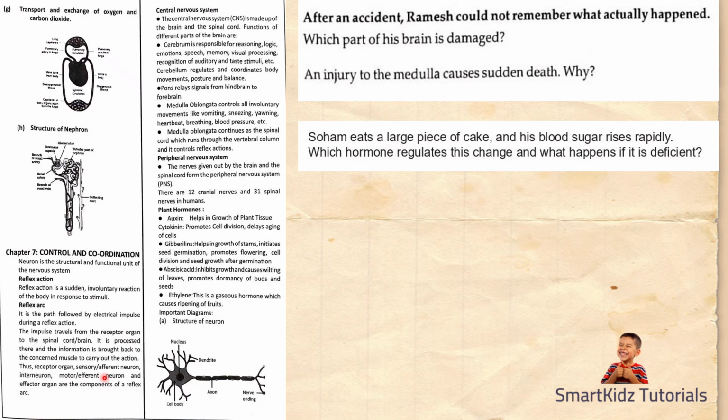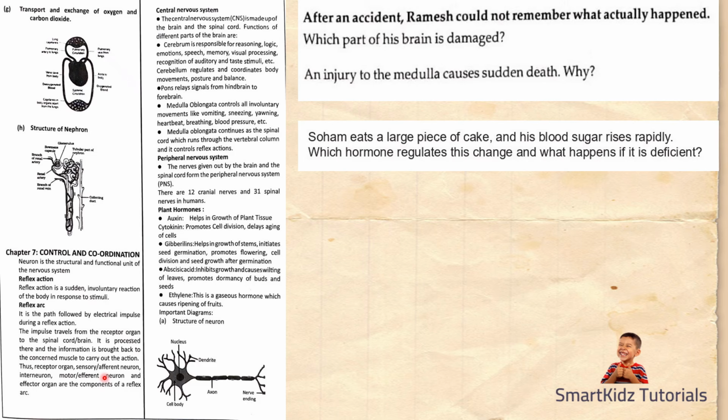Why did he go blind? Though the impact was not on the eyes, he still went blind. Why did that happen? Somebody lost his memory. Somebody lost his speech. All these questions can be asked. If somebody got fever, then which part of the brain is actually getting lit up? So that is all.